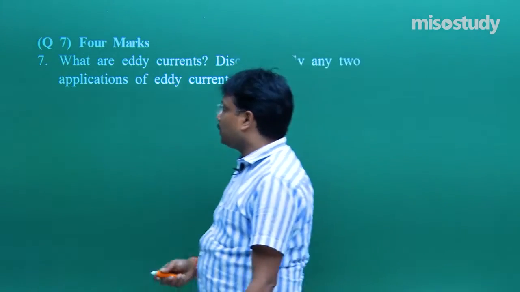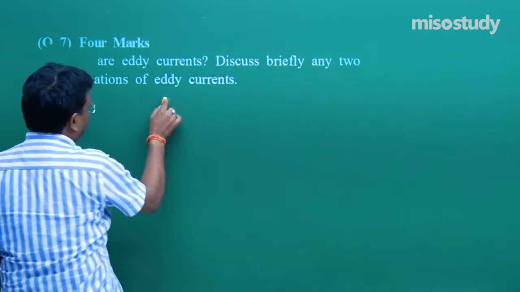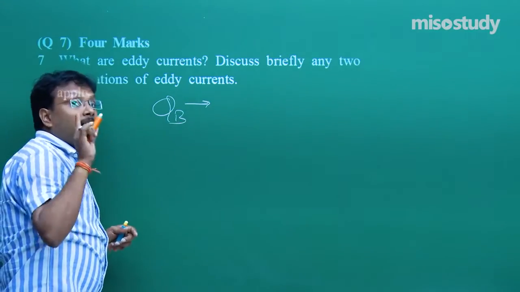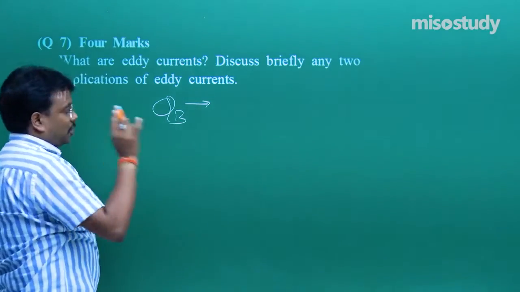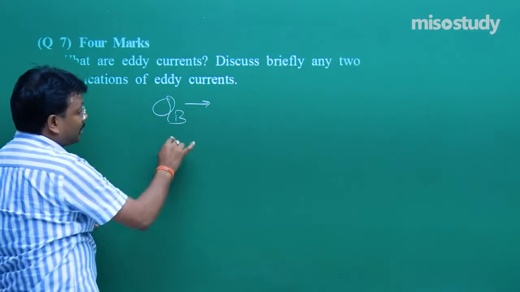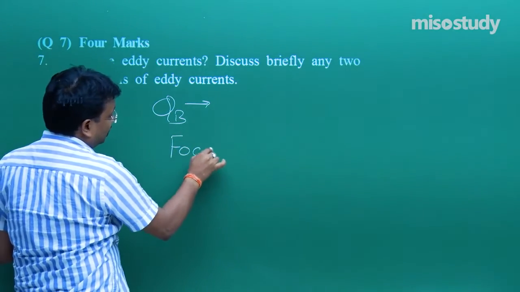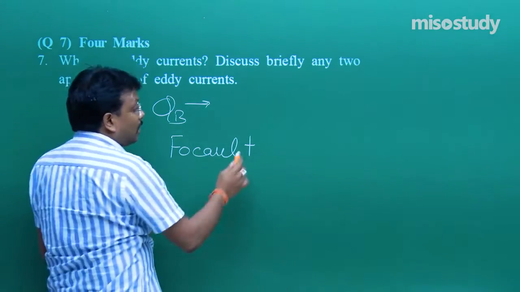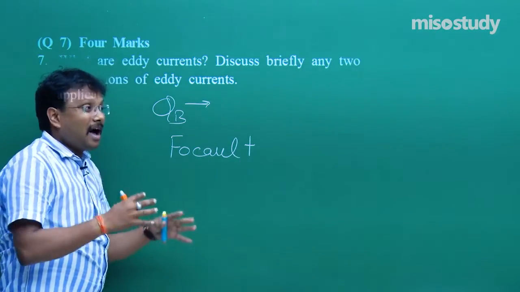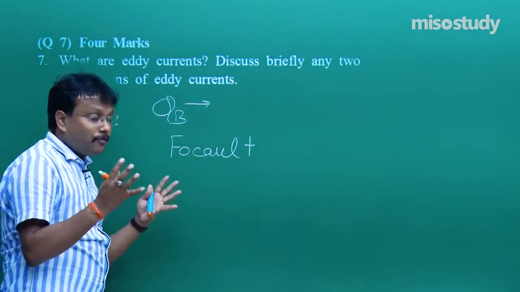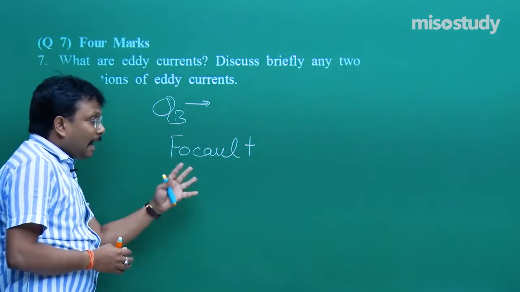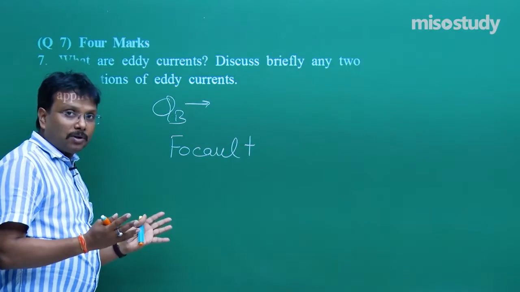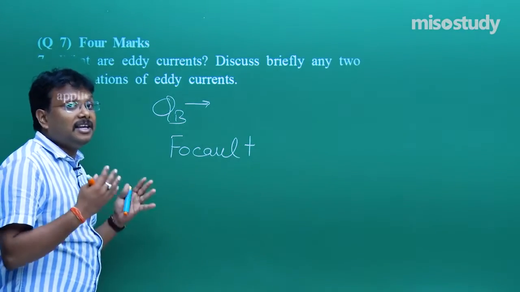I explained over there that if the flux associated with any coil is changing, then induced current will come into the picture. Fine. But as per the scientist Foucault, he said if the flux associated with a conducting object changes, then in that particular object currents will form whirlpools, and that is defined as eddy currents.